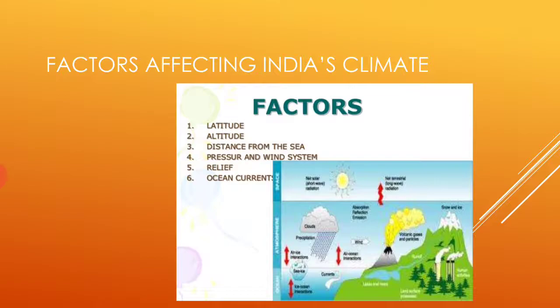The factors affecting Indian climate are latitude, that means Tropic of Cancer almost divides the country in two equal parts running from Rann of Kutch to Mizoram. Then altitude, distance from the sea, pressure and wind system, relief and ocean currents.